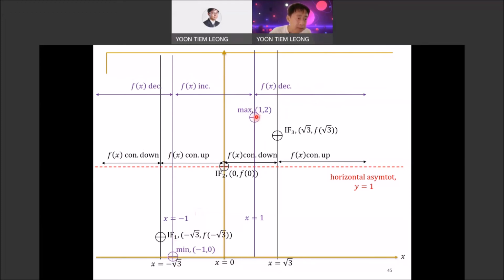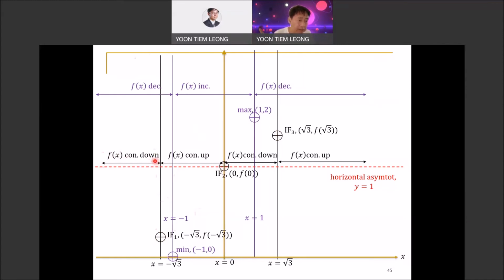Then the black color information here is taken from the f prime prime. Right. So from the analysis of the concavity, we have three inflection points: inflection point here, here, and here. So I have this black color line to separate the concavity into regions, from -infinity to x equals to -square root of 3.